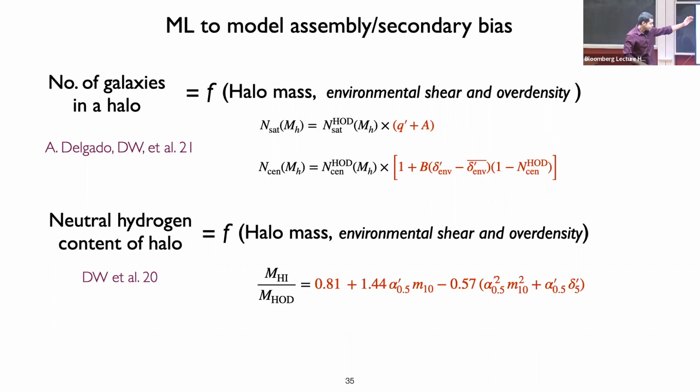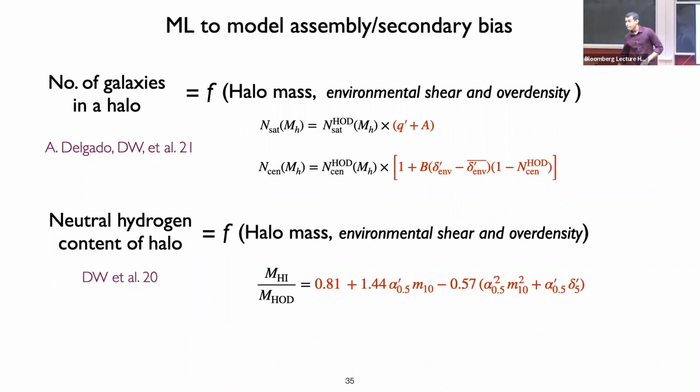So we did first fit these relations using symbolic regression, and then check whether the summary statistics that we got improve. And we found that you can indeed find better measurements of the power spectrum of galaxies or the H1 power spectrum, for example, if you use relations like these.